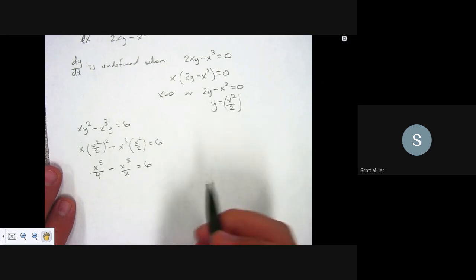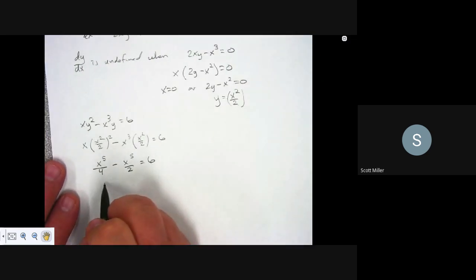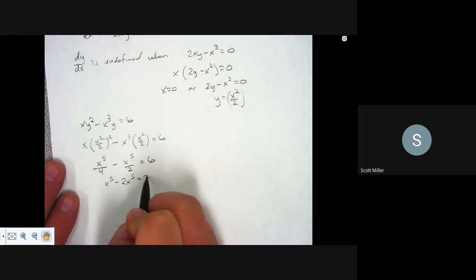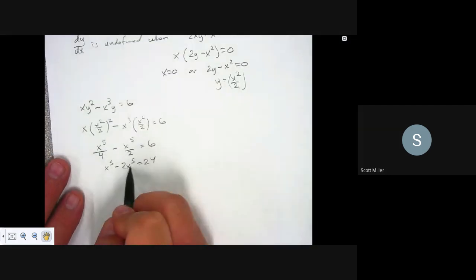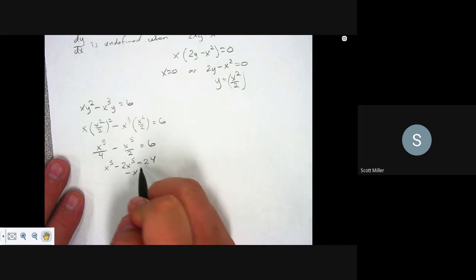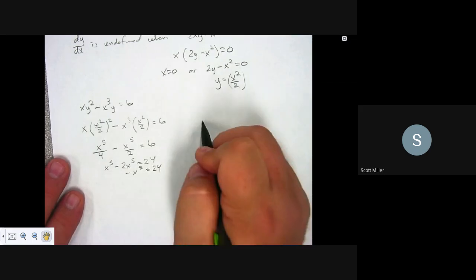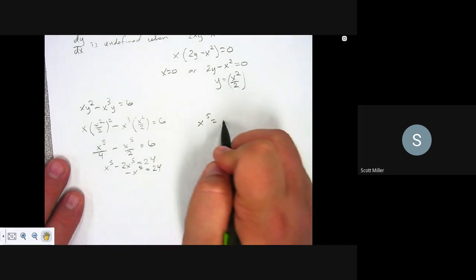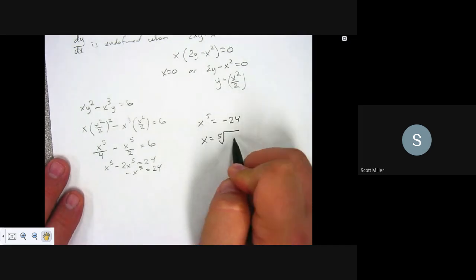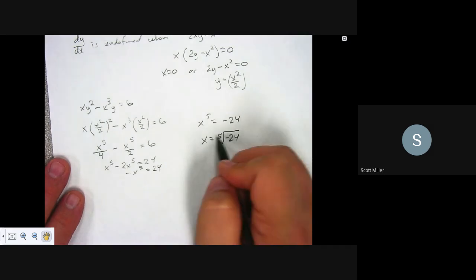So to get rid of the fractions, I'm going to multiply everything by 4, so I get x to the fifth minus 2x to the fifth equals 24. This gives me negative x to the fifth equals 24. And so now I have x to the fifth equals negative 24. So x is the fifth root of negative 24, which is fine because it's an odd root.